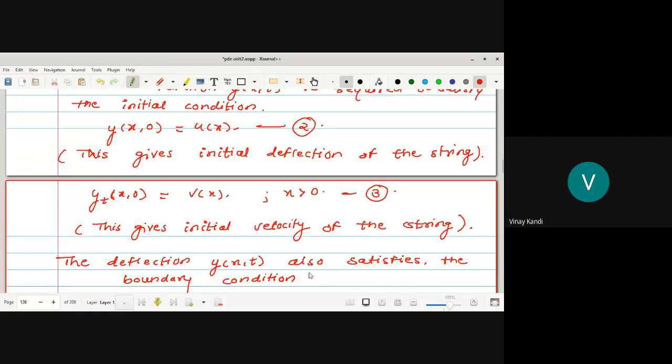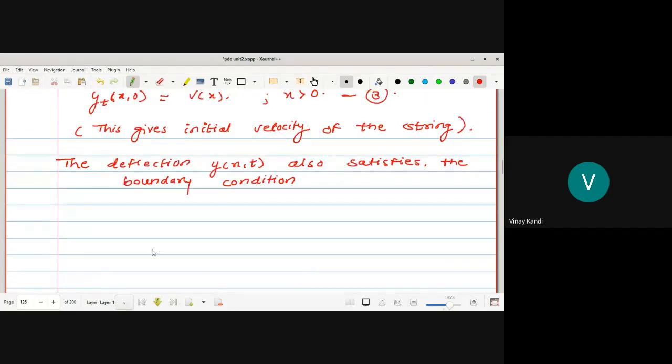Which one? Look at it. y of 0, t is equal to 0 at point 0, that is x is equal to 0. What is the deflection of the string? 0. Okay, so this is the boundary condition.